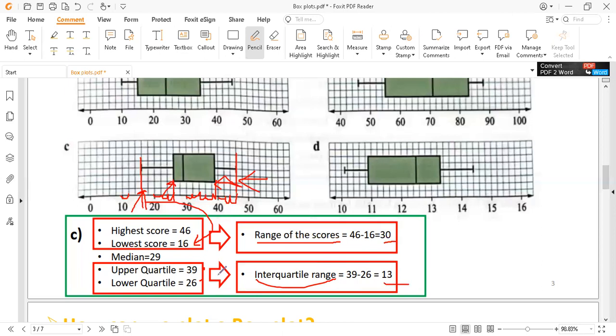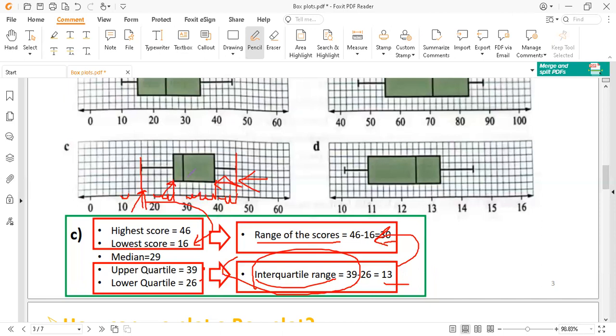You should know that the interquartile range contains more information than the range of the scores, especially when outliers exist. Okay, the median is 29.